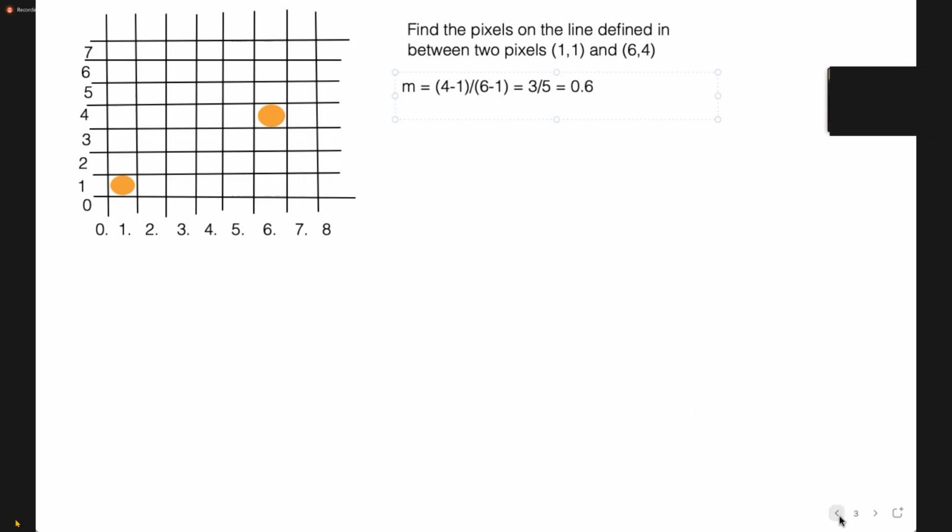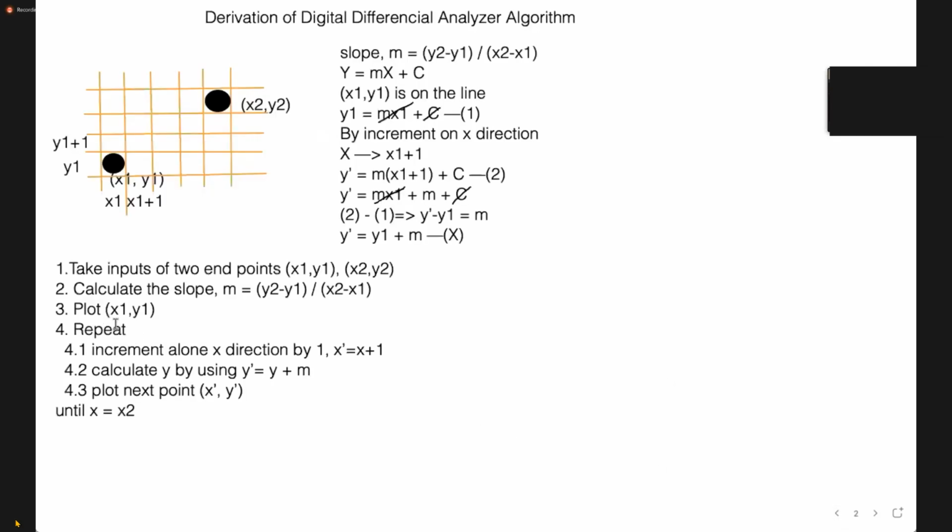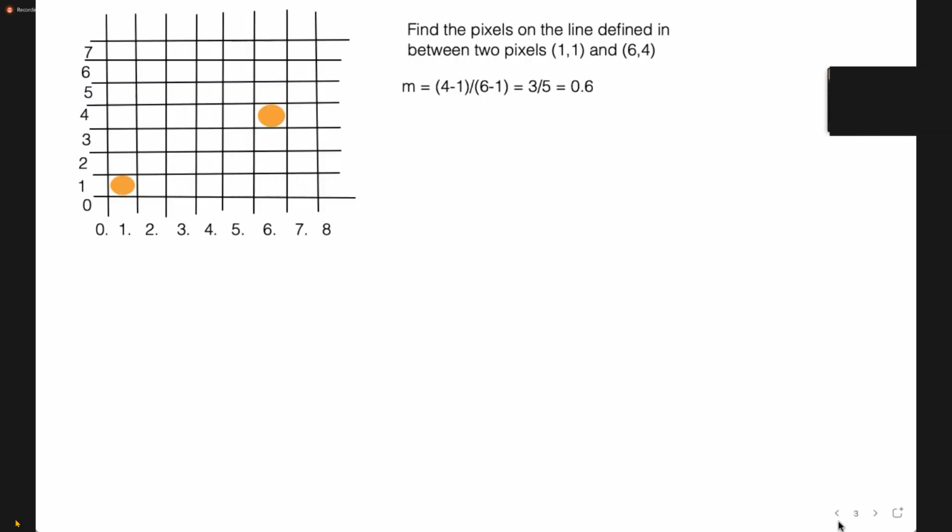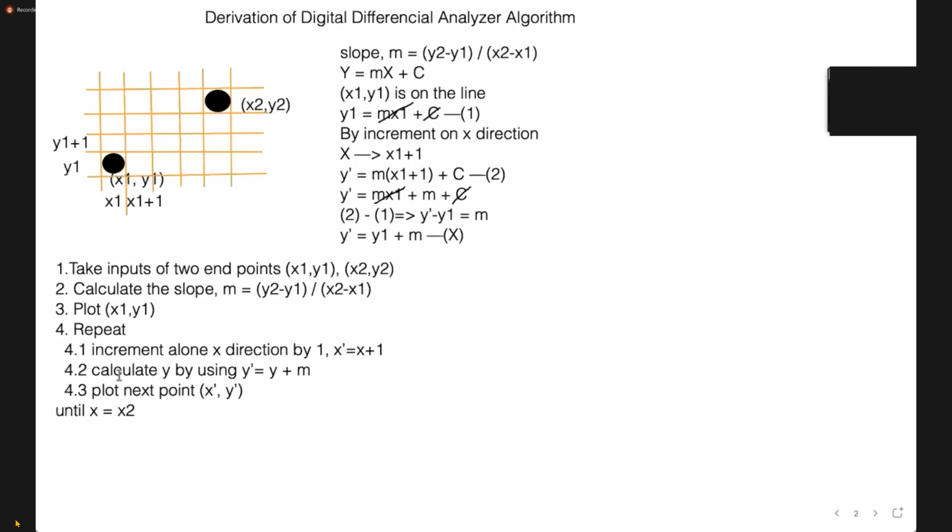Now next step, it says plot the x1, y1. Yes, we have already plotted that point. Repeat incrementing in the x direction by 1, then x will become x plus 1.